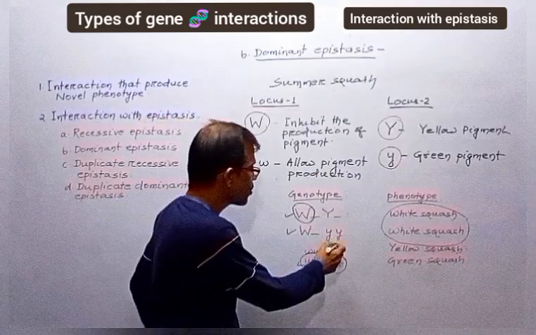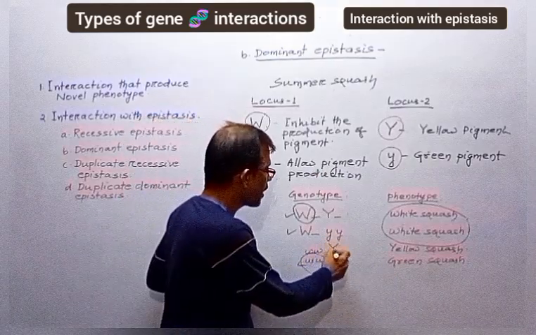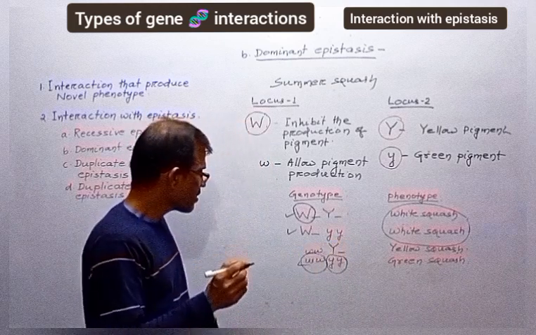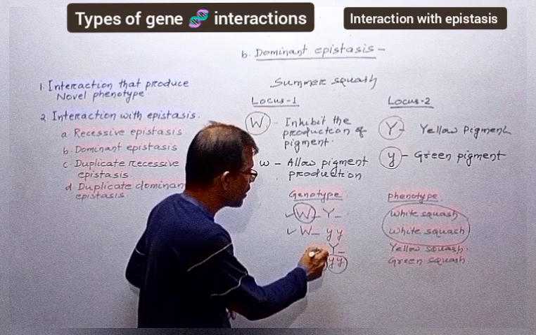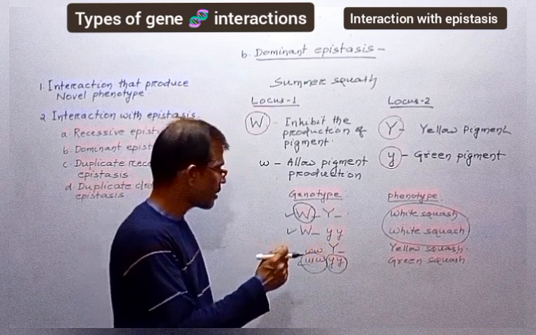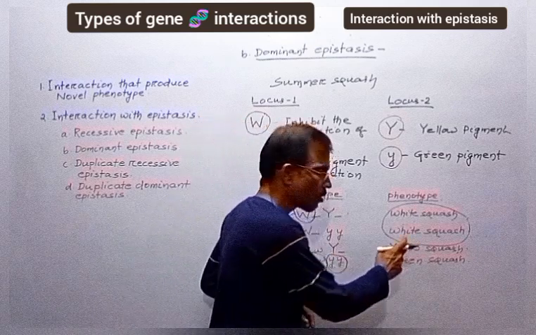In the third genotype, the second locus has a dominant allele that encodes yellow pigments. Presence of only recessive alleles at the first locus allows the production of yellow pigments. As a result, squash become yellow.